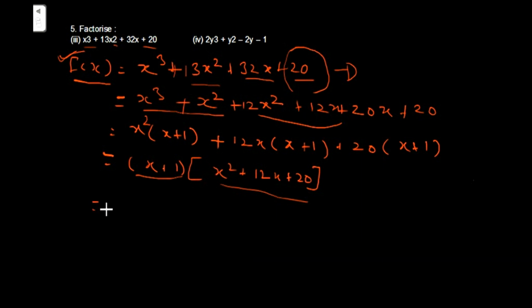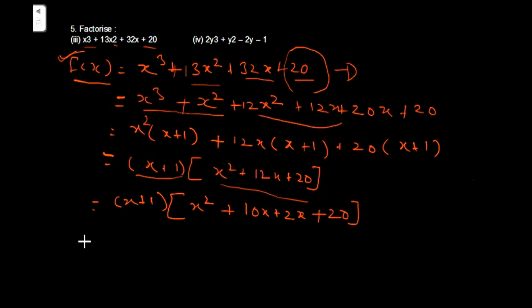So this implies x plus 1 and x square plus, this 12x can be written as 10x plus 2x. When I multiply 10 and 2, I will get 20, and when I add 10 and 2, I will get 12. So both the conditions are fulfilled.